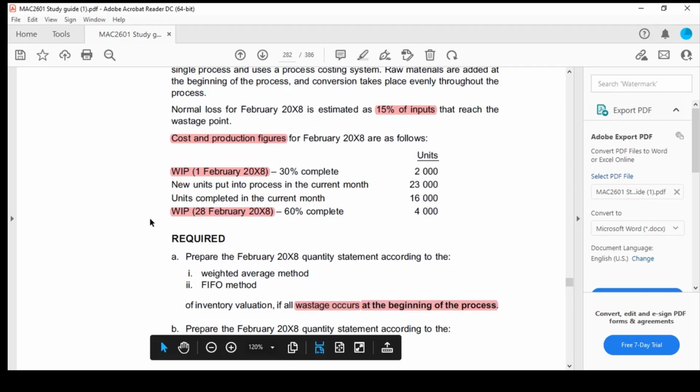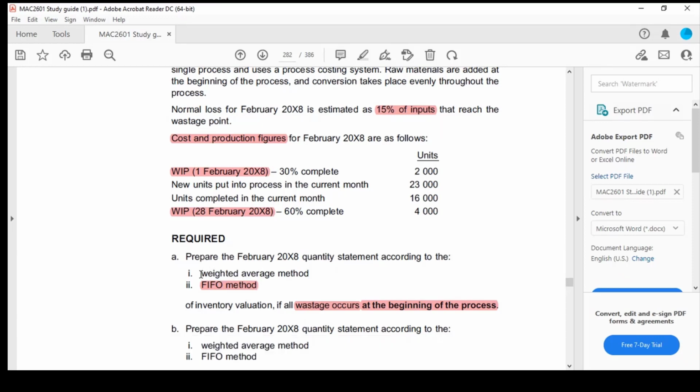So you start drawing that graph. It's at 0%, the first scenario that we work with. But now you have to take into account there's first-in, first-out, and there's weighted average. So let's look at the two.